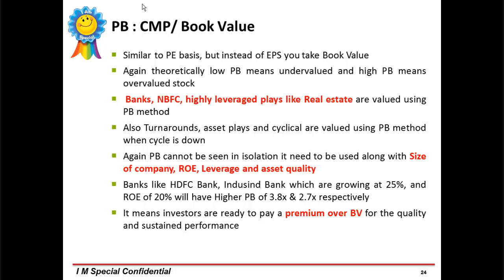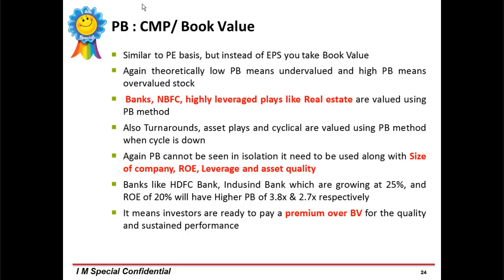So even if there are no earnings, the market would value it at some price. Again, price to book cannot be seen in isolation. It needs to be used with factors like size of the company, ROE, leverage, and of course most importantly, in the case of banks and NBFCs, the quality of the asset. Banks like HDFC Bank and IndusInd Bank, which are growing at 25% plus with an ROE of 20% and which have excellent asset quality, have higher price to book compared to their peers.